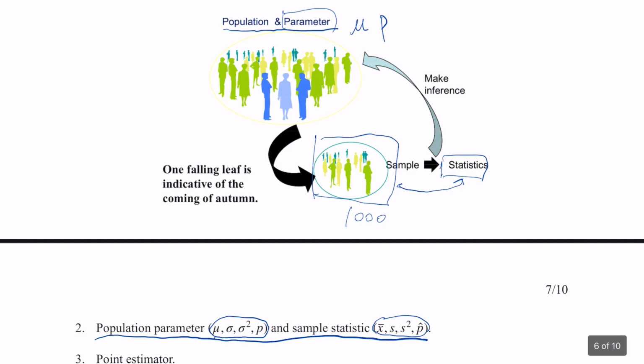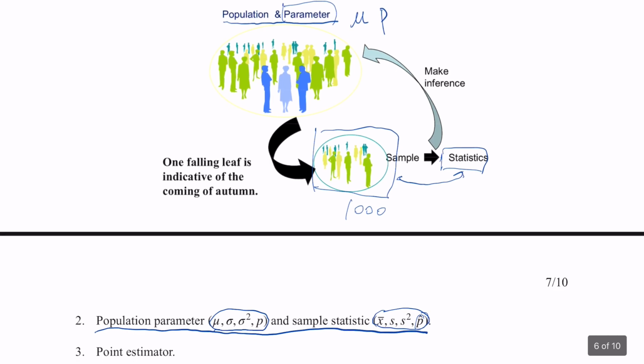If you're using p hat, then it's the sample proportion. So be careful with the characters here. You might get a little bit confused in the confidence interval chapter or hypothesis testing chapter because of a small change of the character, right?